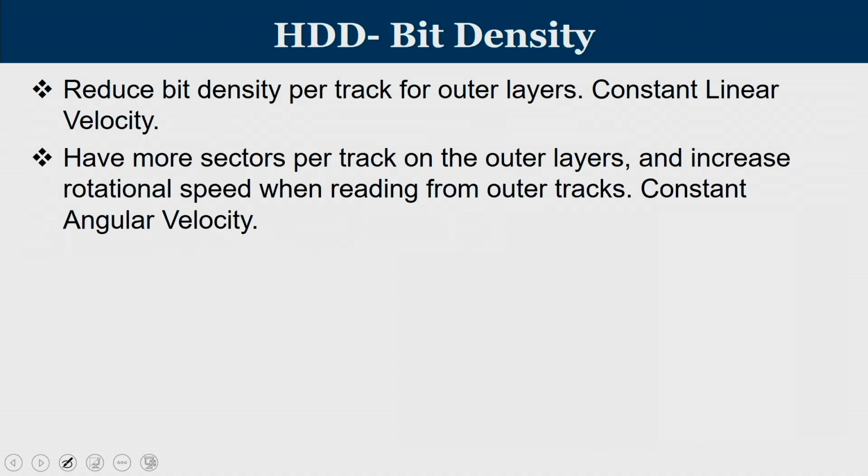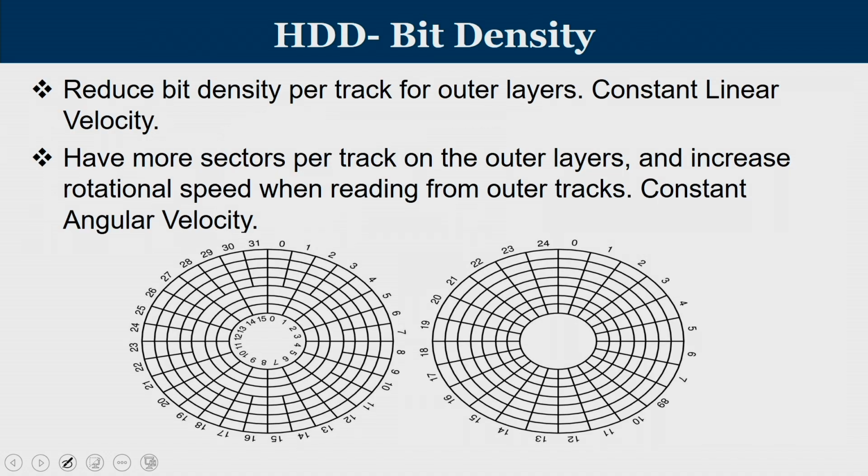Now, coming to the density, we know that we have concentric tracks, and the area in which you can store information in a track will be more in the outer tracks, and the same sector will have less area in the inner tracks.